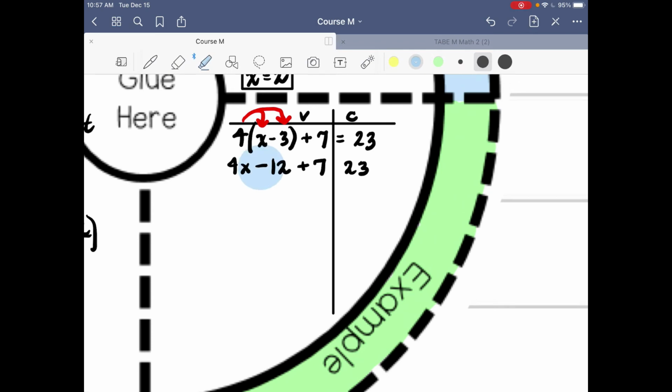Next step is to combine like terms, just like we did in that last video where we were combining variables, but it doesn't matter if they're variables or not. If they're like terms, you can combine them. So negative 12 plus 7 is negative 5. And you copy.